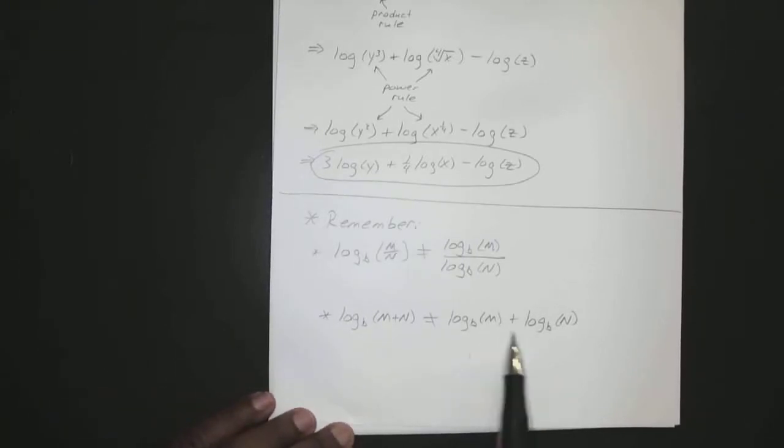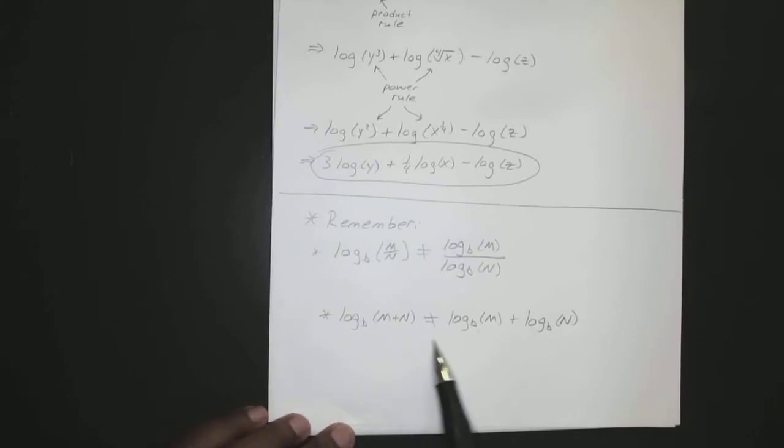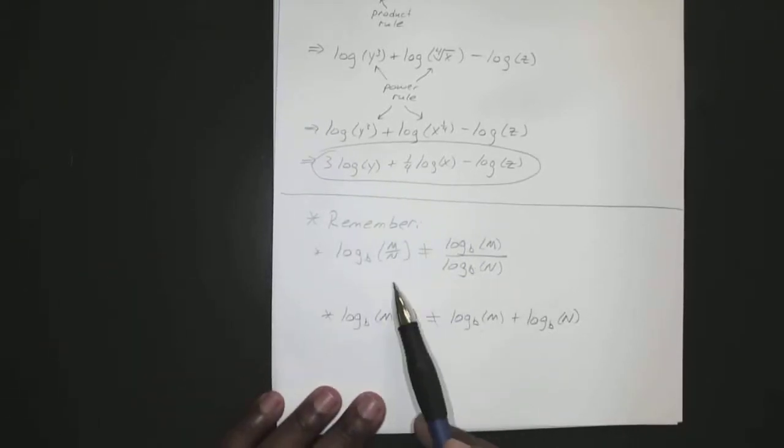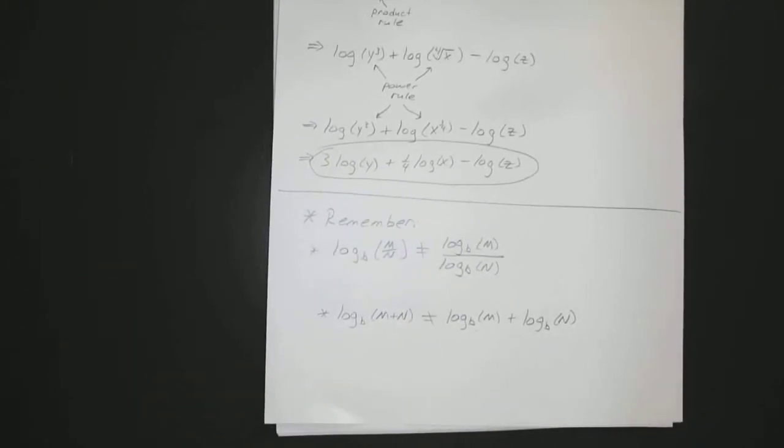Remember, if we actually ran this in reverse, that would be our product rule, and this in reverse would be our quotient rule, so they're completely different. Like I said, those are really easy mistakes to make, and I made them repeatedly as a student. All right, any questions on this one?